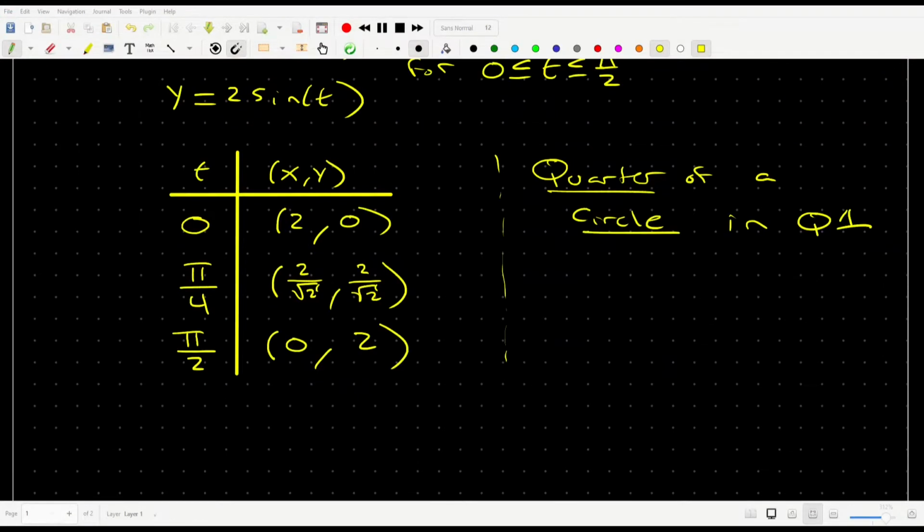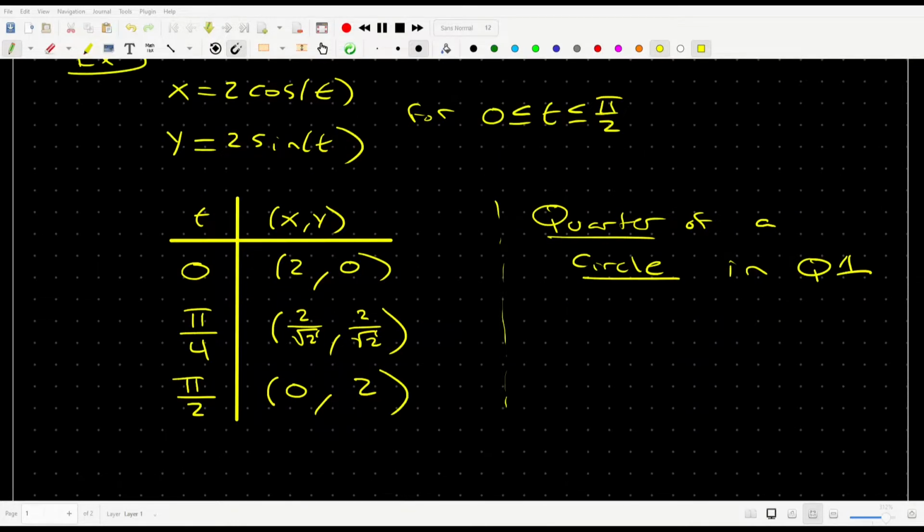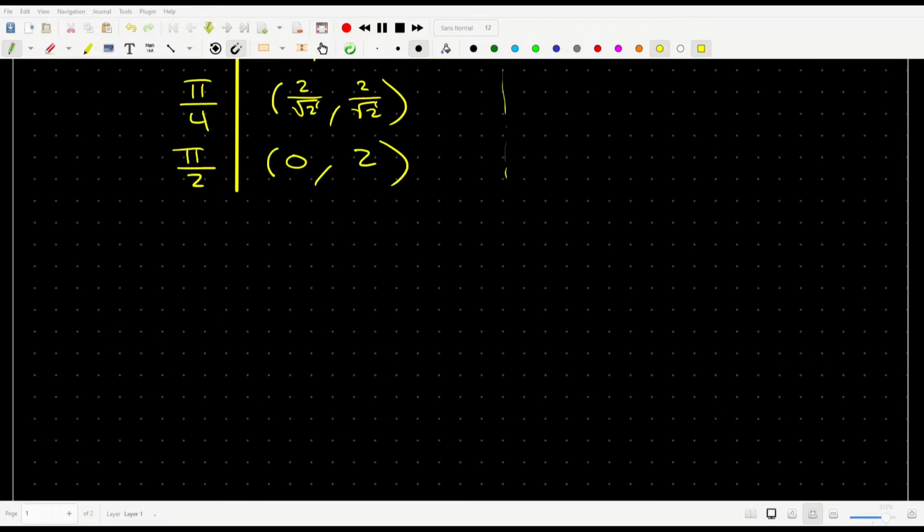We can directly verify this by looking at x squared plus y squared and showing that, in fact, x squared plus y squared does satisfy the equation of a circle.